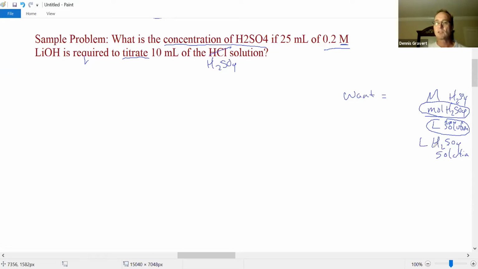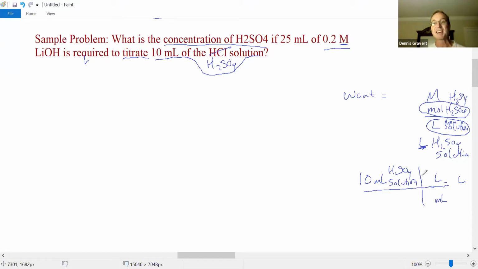So how many liters of H2SO4 do we start with? Here it is, 10 milliliters. So we had 10 milliliters of H2SO4 solution, but I need it in liters. So a quick little dimensional analysis to change it to liters. I need a conversion factor that changes milliliters into liters, and it's not given to you on the exam.